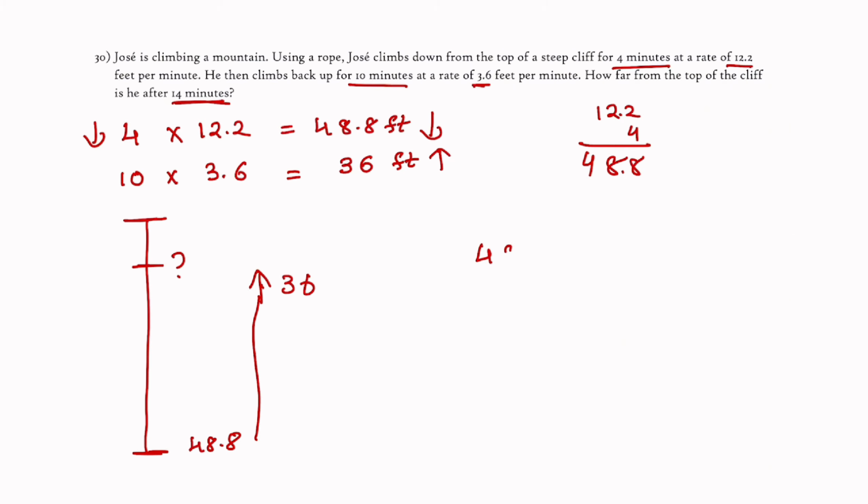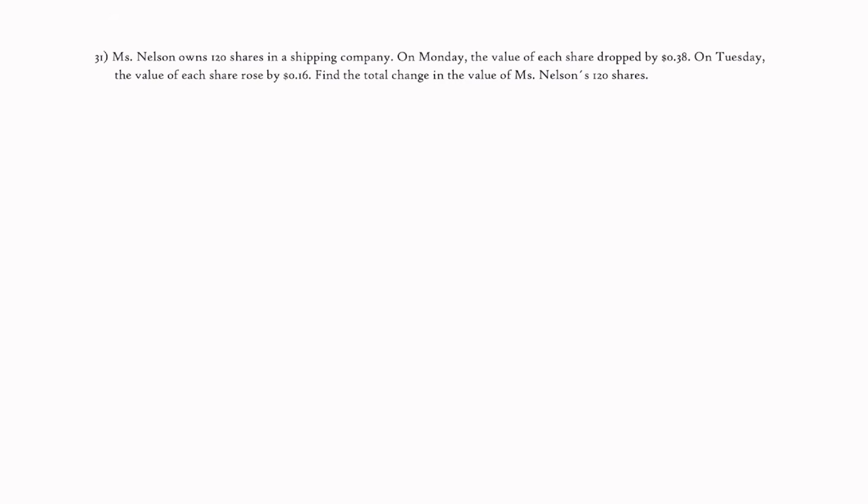Yes, it is subtraction. So he came down this much and then he is going up this much. 8, 2, 1. So its current position is going to be 12.8 feet. After 14 minutes, his position is 12.8 feet from the top of the cliff. Question 31.